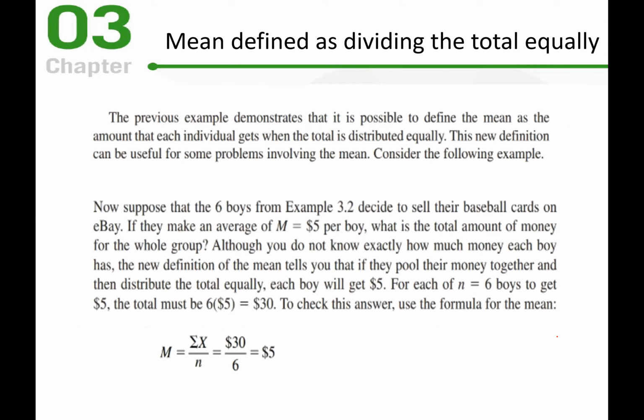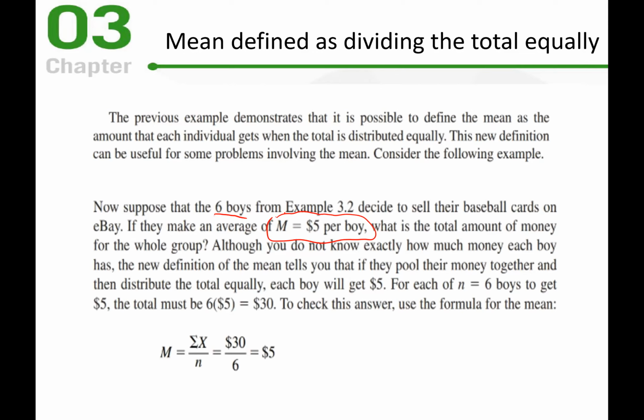All right. So we could take this definition and solve some different kinds of problems. Let's say we still have those 6 boys, and they decide to sell their baseball cards on eBay. If they make a sample mean of $5 per boy, what is the total amount of money for the whole group? We don't know exactly how much money each boy has.